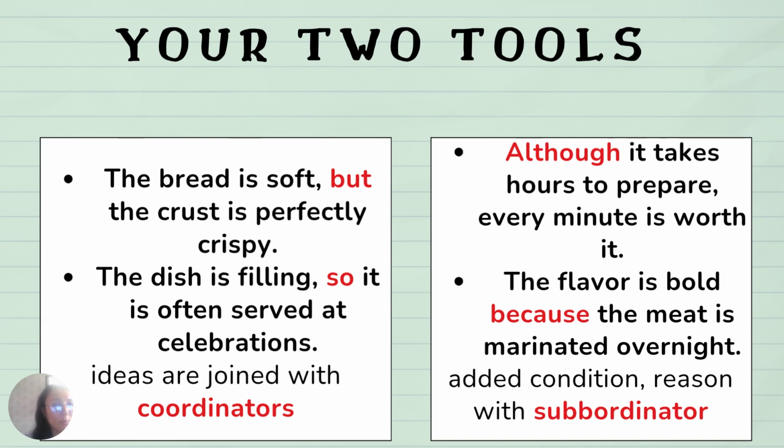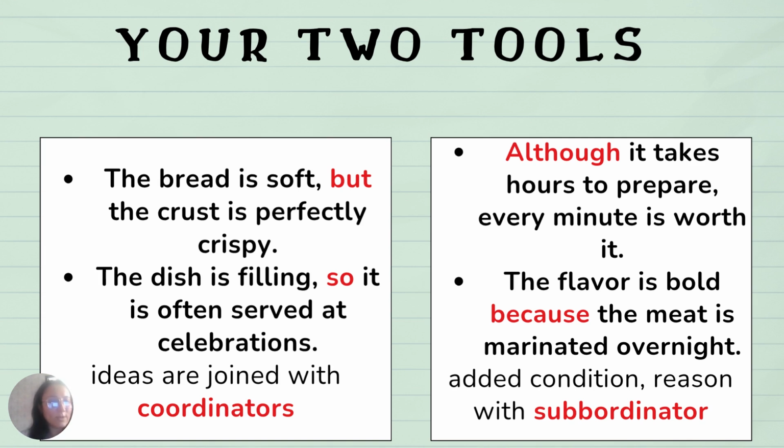We are contrasting them, but two equal ideas are contrasted. Second one: the dish is filling, so it is often served at celebrations. So the dish is filling, this is a statement, and then it's served at celebrations. So ideas are joined with coordinators.